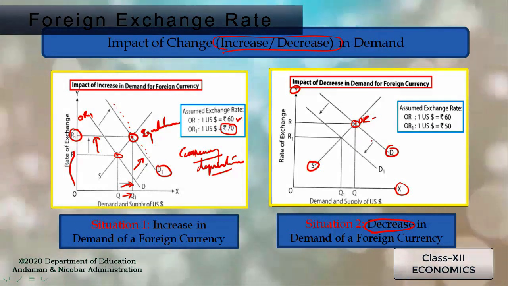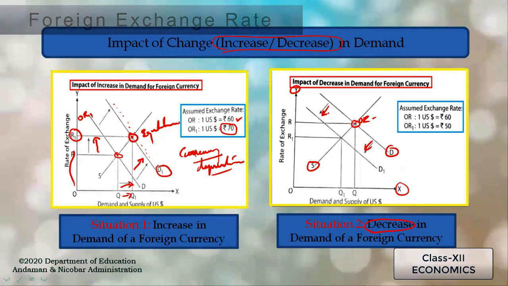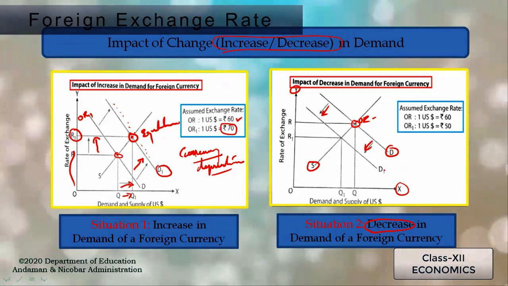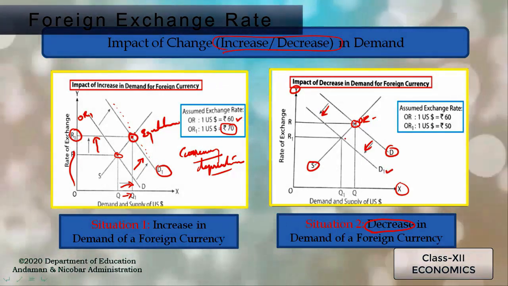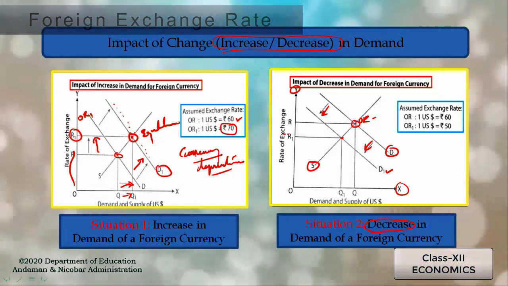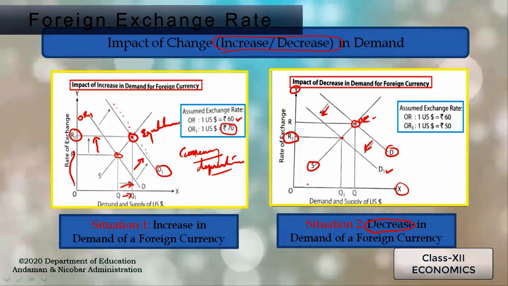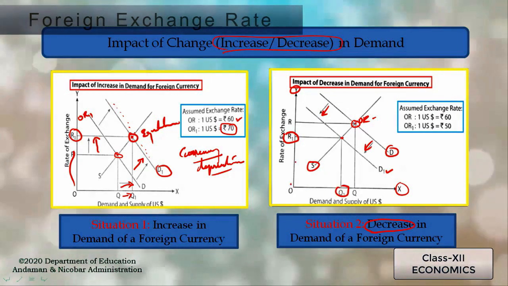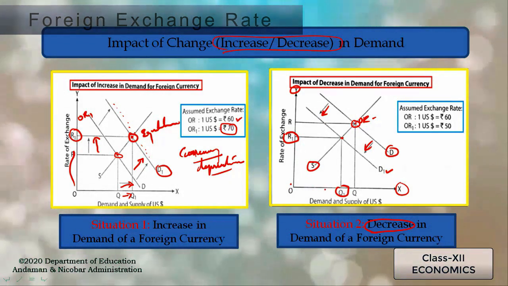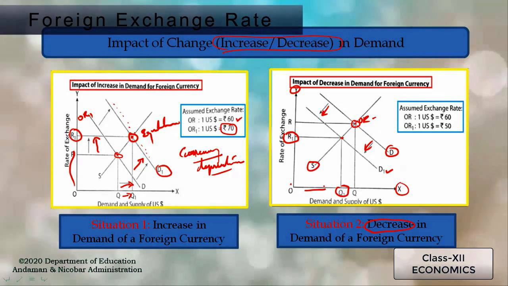And due to the decrease in the demand curve, from D2 to D1, the equilibrium point shifted to point R1. So when it shifted to R1, the new equilibrium exchange rate will be OR1, and the new equilibrium quantity will be OQ1.